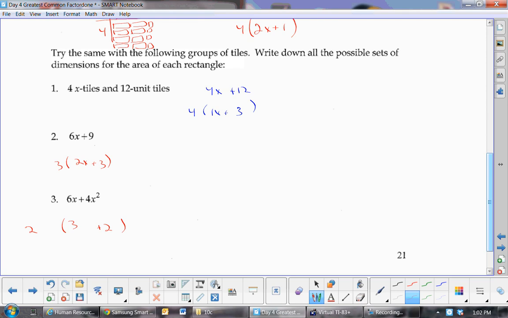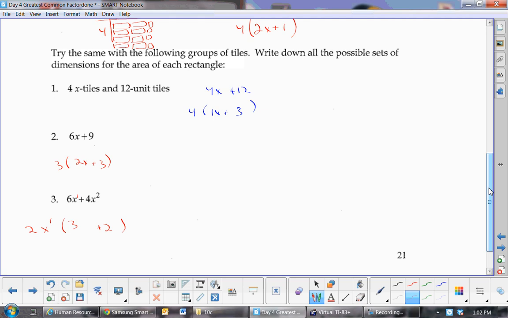Now, when it comes to variables, you're dividing out the x's too. But remember, when you divide powers, you subtract exponents. So what is the most number of x's I can take out? 1. Why can't I take out 2? Because 6x doesn't have 2 to give up. It's got to be common.